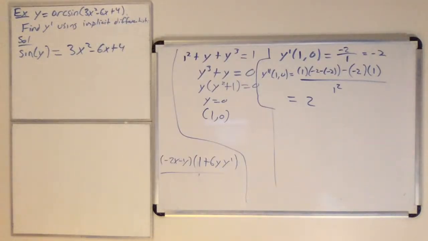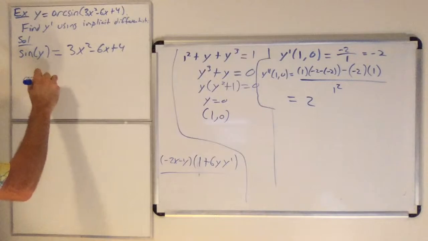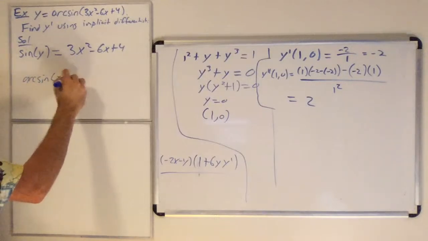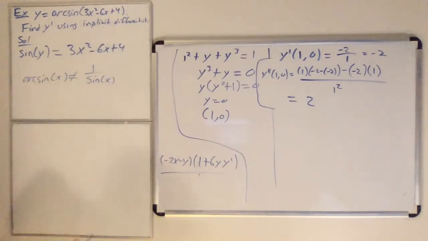Is arc sine the same thing as sine to the negative 1? It's the same thing as the inverse of sine. It is not 1 over sine, but it's the inverse function.